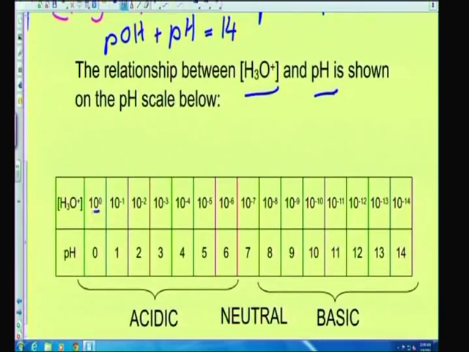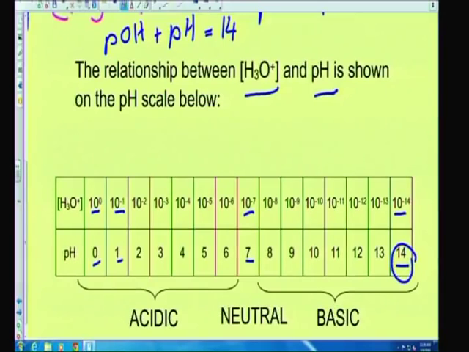Notice that 10 to the minus 0 is going to have a pH of 0. 10 to the minus 1 will have a pH of 1. 10 to the minus 7, we've just seen, has a pH of 7. 10 to the minus 14 will have a pH of 14. Remember, the bigger the negative is, like minus 14, it's actually very, very small. So this is saying we haven't got many hydrogen ions. It's telling us, with this relationship in mind, that we've got far more hydroxide ions present.